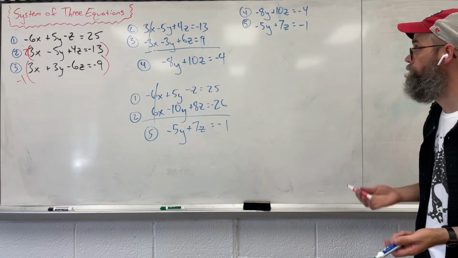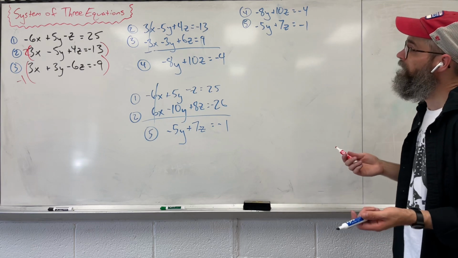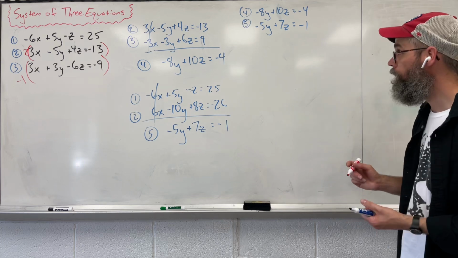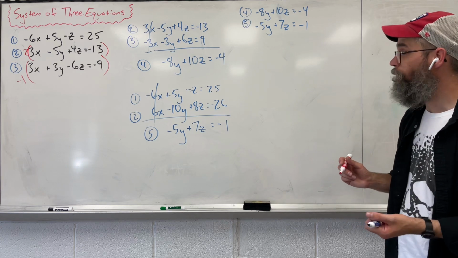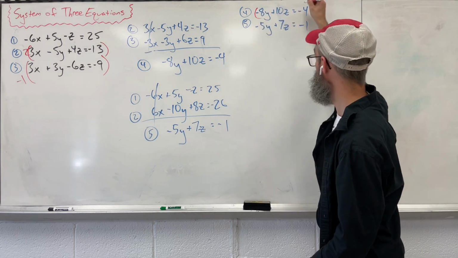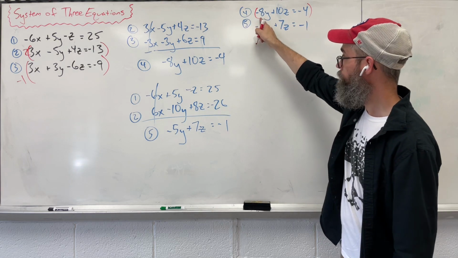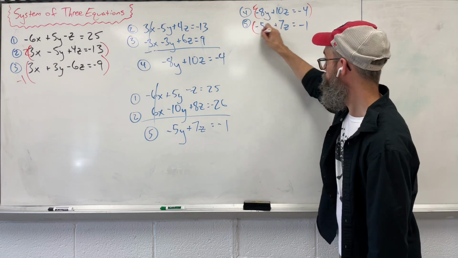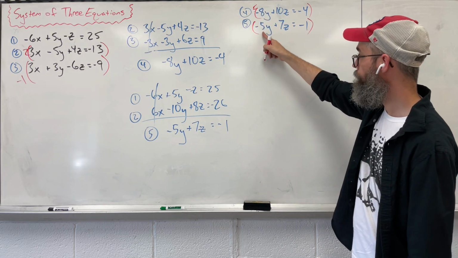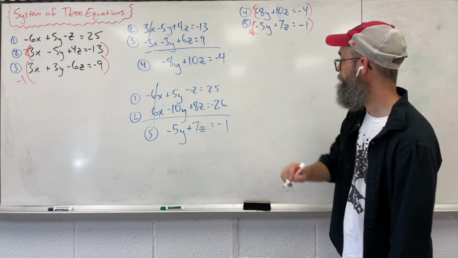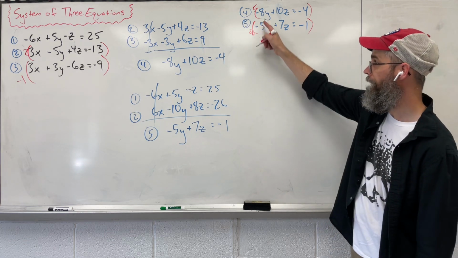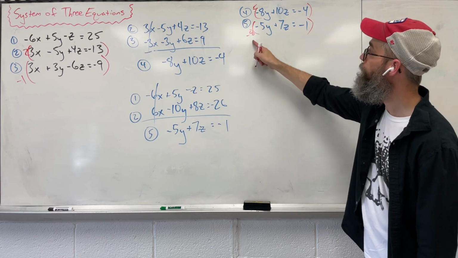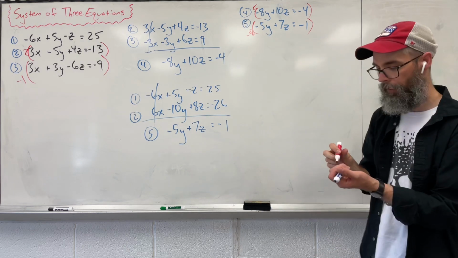So let's cancel out y's. What's a number that 8 and 5 both go into? 40. So I'm going to take this top problem. What's going to turn this 8 to a 40? Well, I can multiply everything by a 5. What's going to turn the bottom 5 to a 40? I'm going to multiply by an 8, but I still have a little bit of a problem because they're both negative numbers. One of them needs to be a positive, so I'm going to multiply that by a negative, so this will end up turning positive.